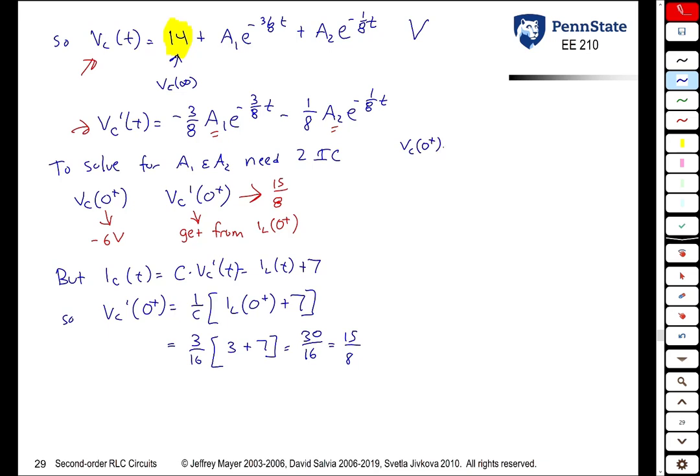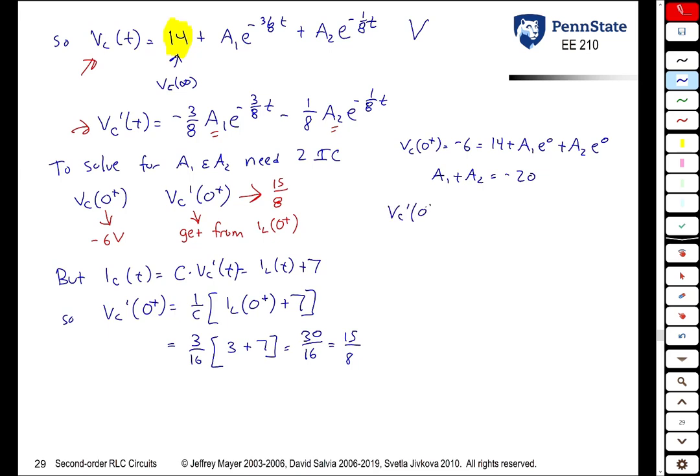Vc of 0 plus, which is minus 6 volts, has to equal 14 plus A1 times e to the 0 plus A2 times e to the 0. Or we get that A1 plus A2 is equal to minus 20.